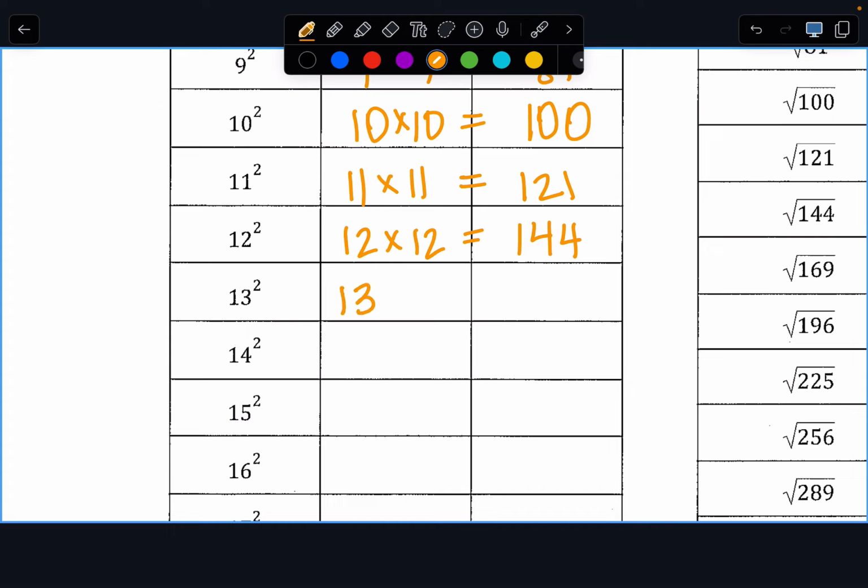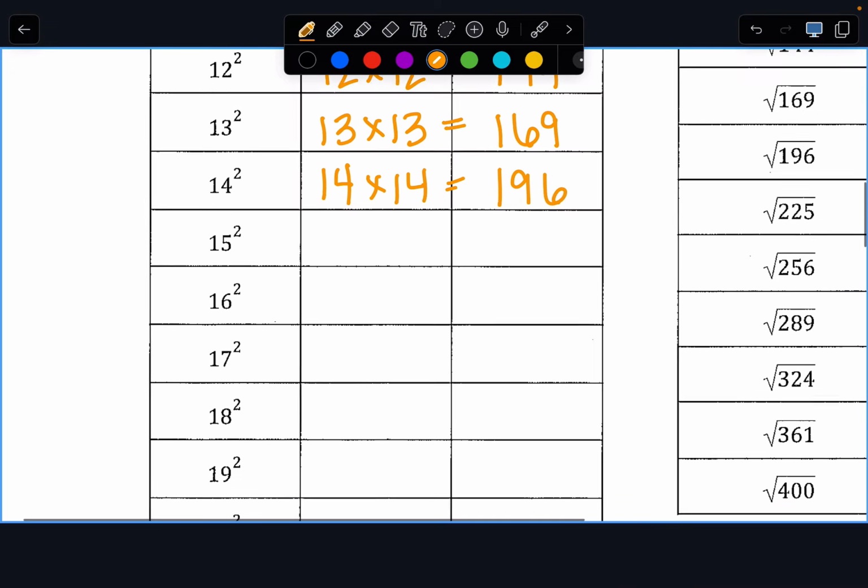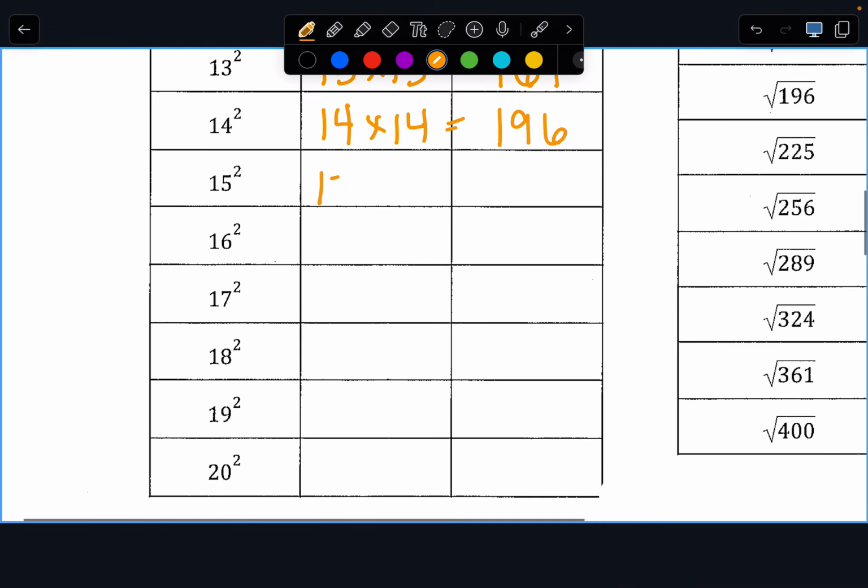Because 13 squared is 169, while 14 squared is 196. The 10s and 1s digits switch places with 13 squared and 14 squared. Okay. 15 squared.